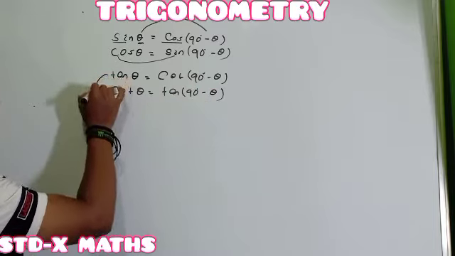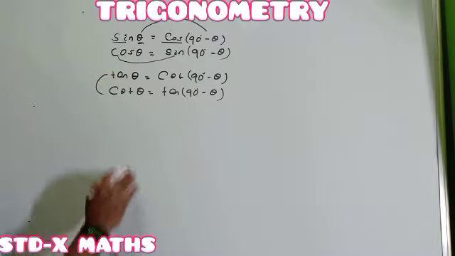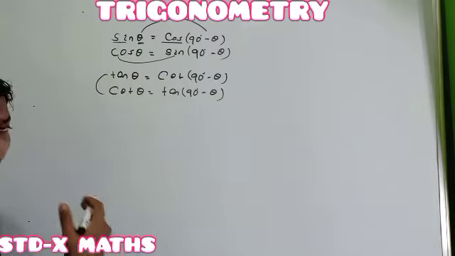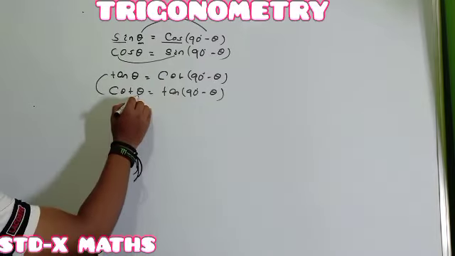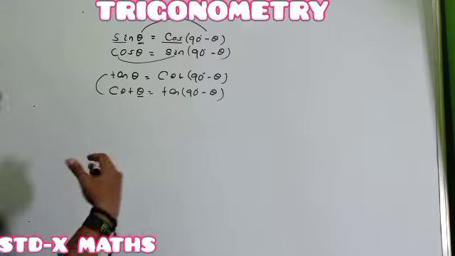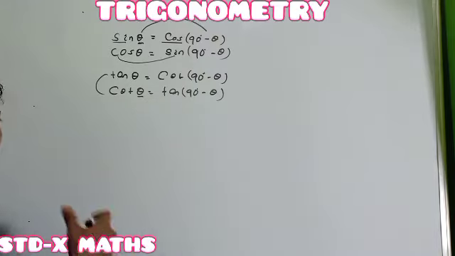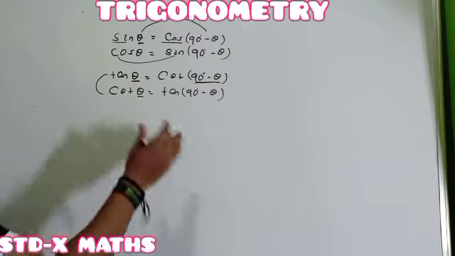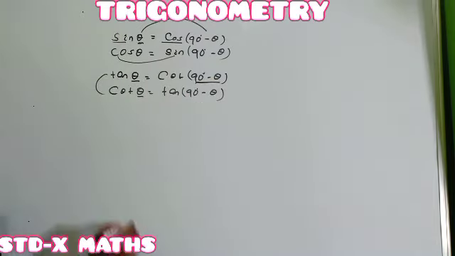Tan can be converted into cot and cot into tan, but the condition is that theta should be converted to its complementary angle accordingly. Here it is theta, here it is 90 minus theta, so simultaneously the angle should also be changed.